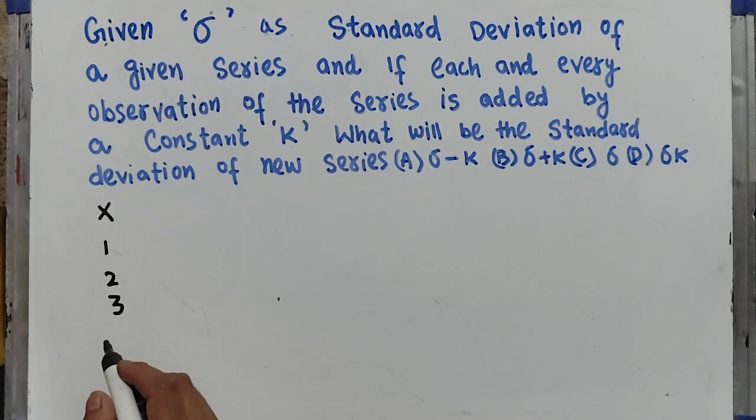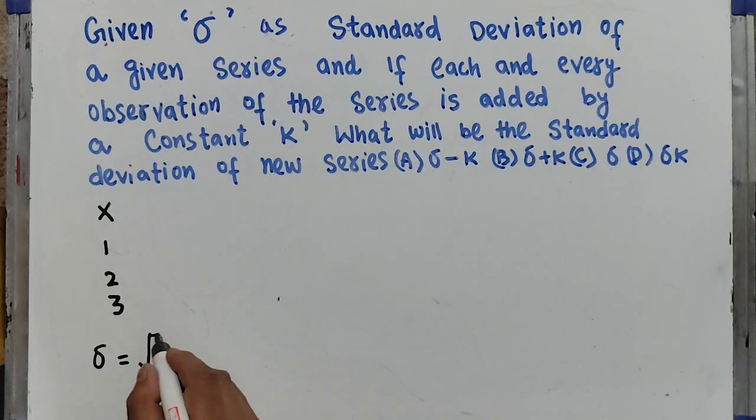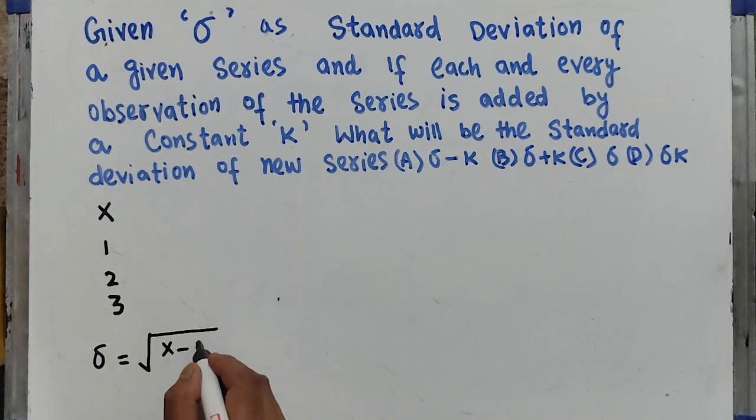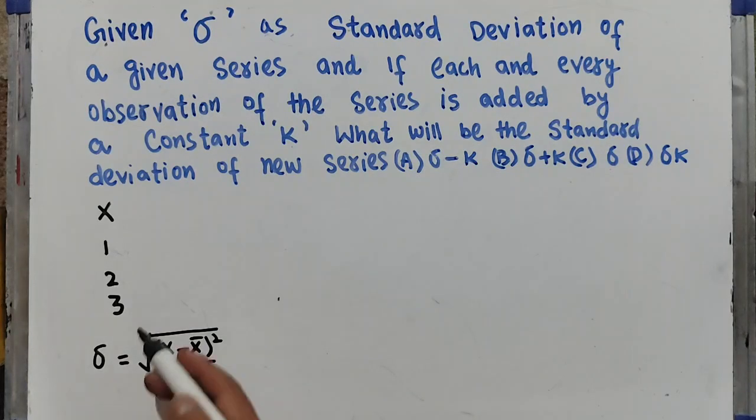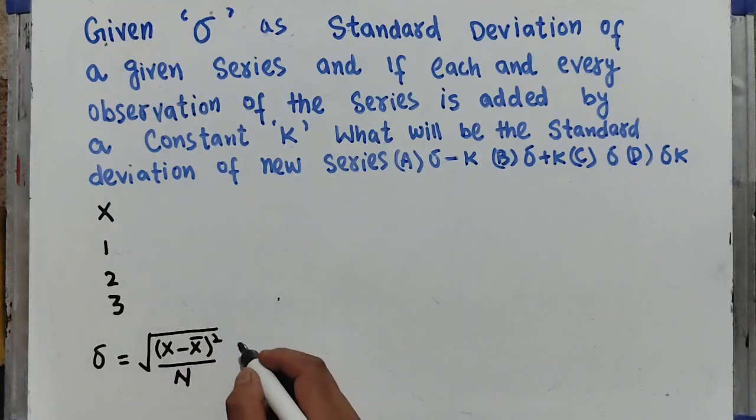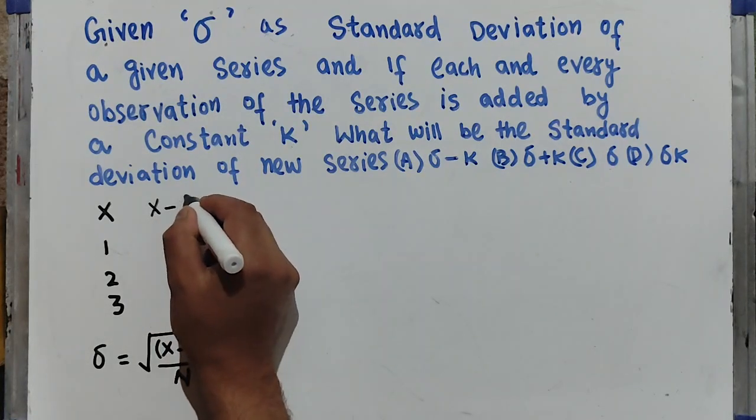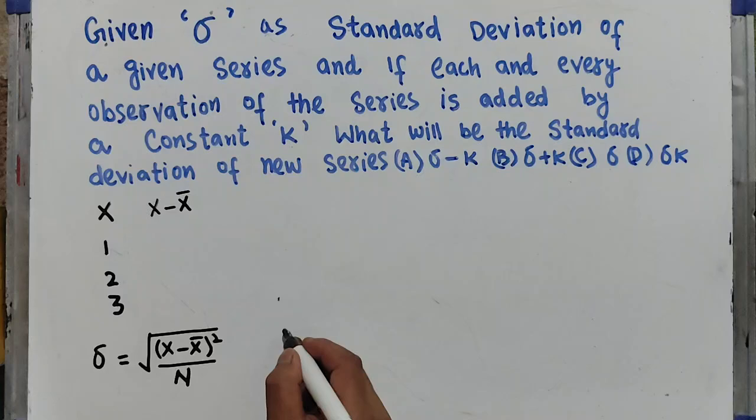So how do we find standard deviation? The formula is: standard deviation is equal to the square root of the sum of (x minus the mean of x) squared, upon the number of observations. This is the formula for standard deviation. So we need to find the mean of x first.